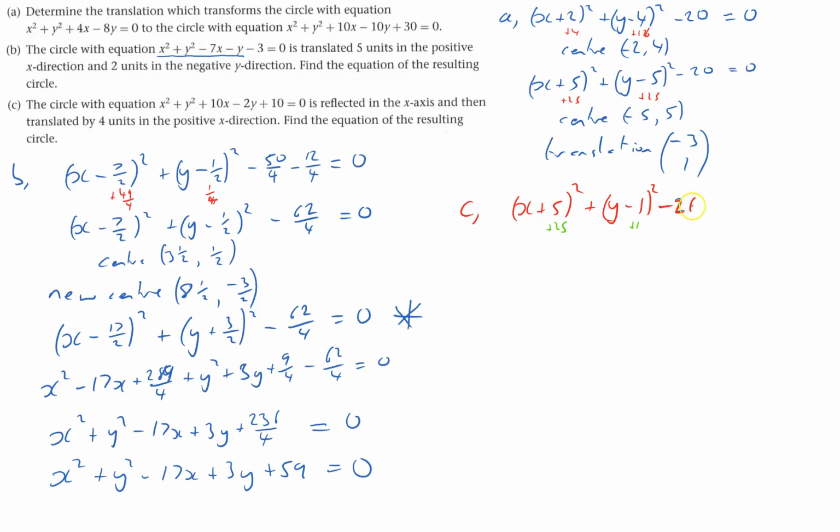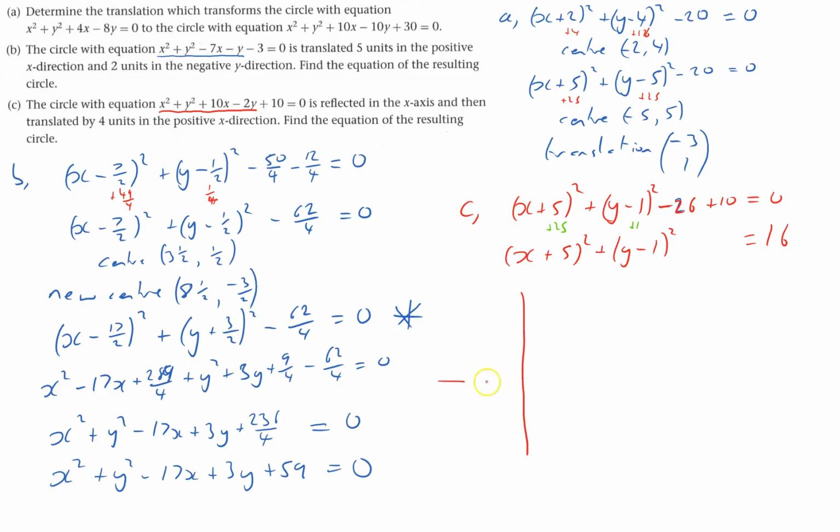Take away 26, and that means I've now written down exactly that bit, and I've got to add 10, and that equals 0. And so I've got x plus 5 squared plus y minus 1 squared equals 16. That's good. So I actually know what it looks like now.